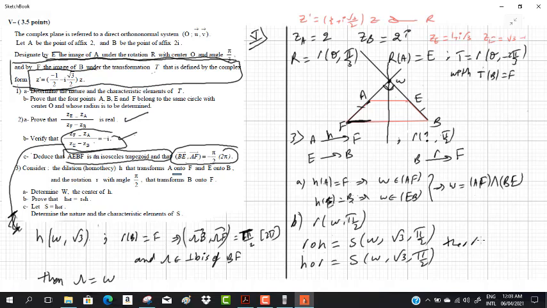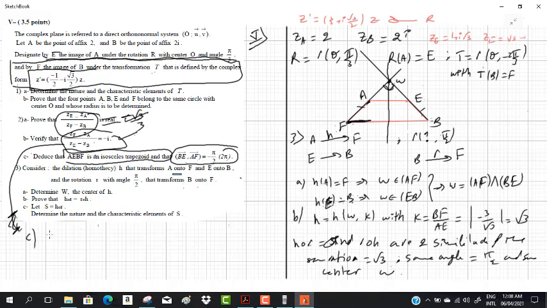Then R round H equals H round R. Let S equal H round R. Determine its nature: it is a similitude S of center W, ratio radical 3 and angle pi over 2. This completes the question. Thank you.